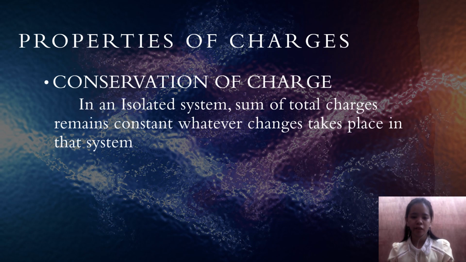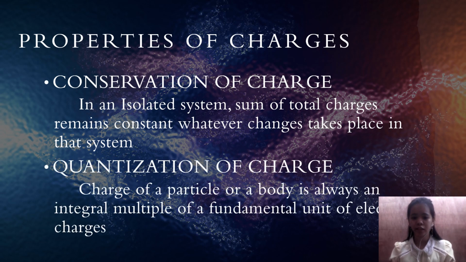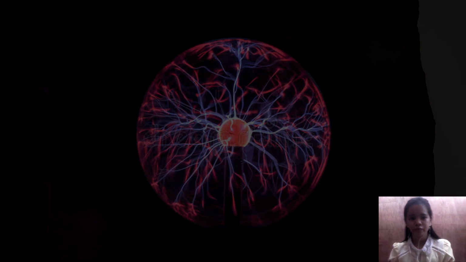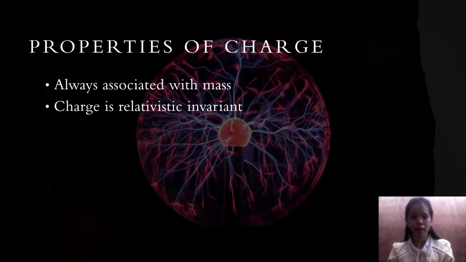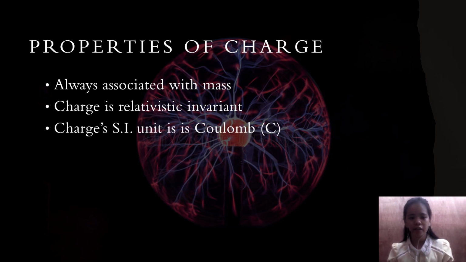So, properties of charges: conservation of charge. In an isolated system, the sum of total charge remains constant whatever changes take place in that system. While quantization of charge: the charge of a particle or a body is always an integral multiple of the fundamental electron charge. The property of charge is always associated with mass. Charge is relatively invariant.